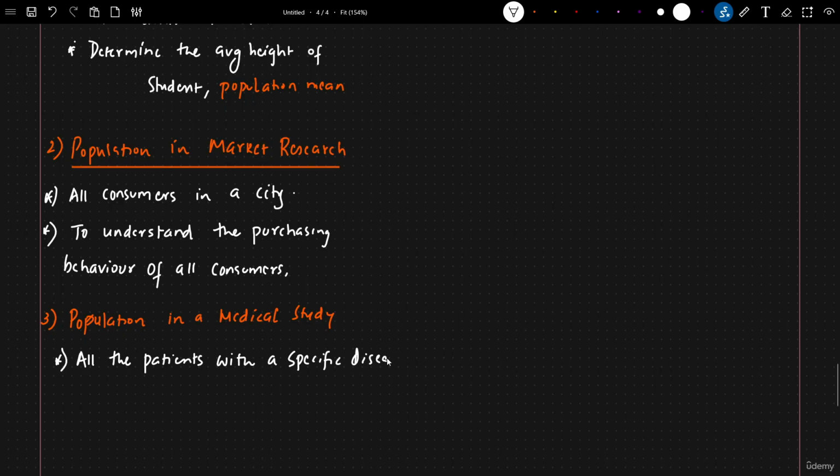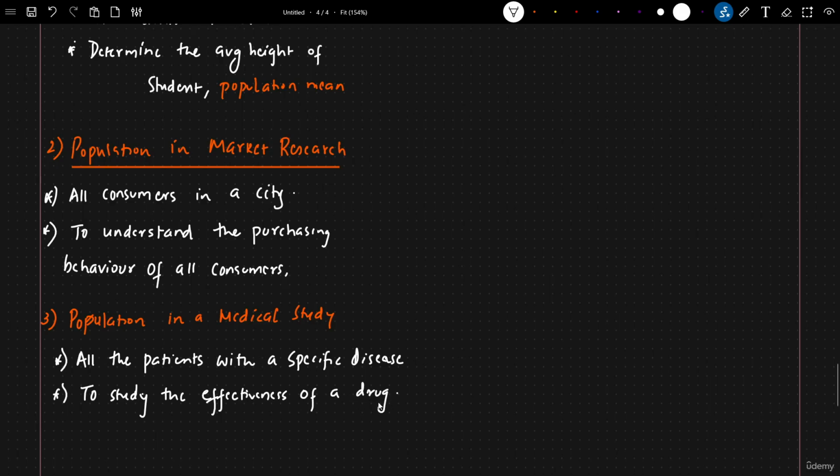So this can be my entire population data. Then, one of the use cases I can say is to study the effectiveness of a drug. To study the effectiveness of a drug, right?